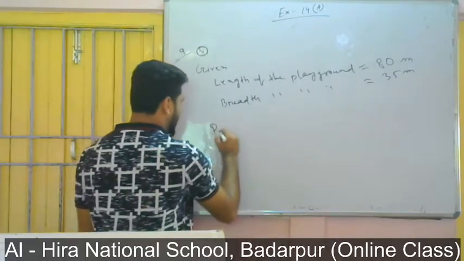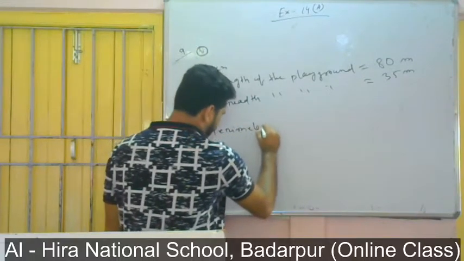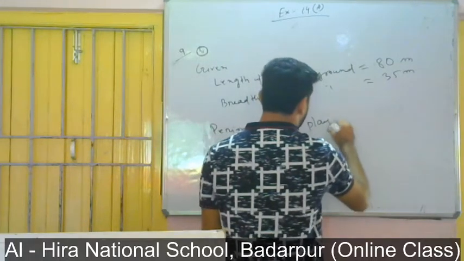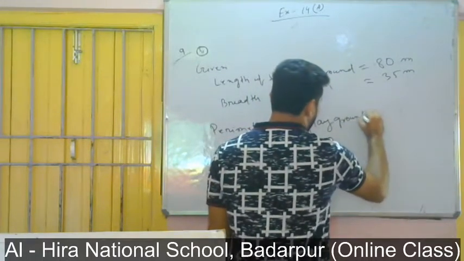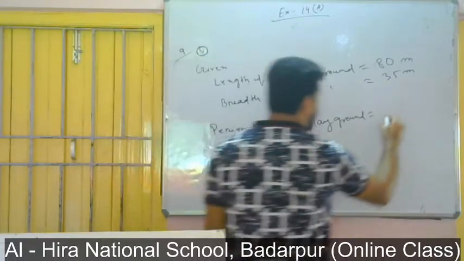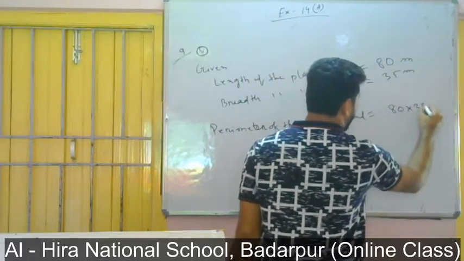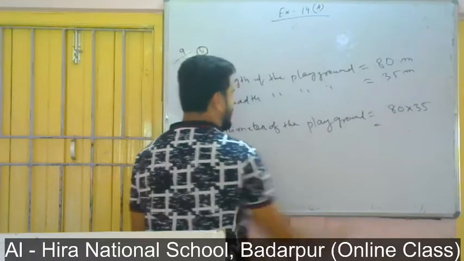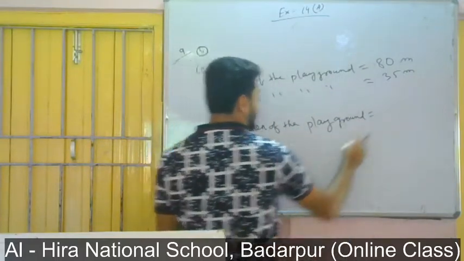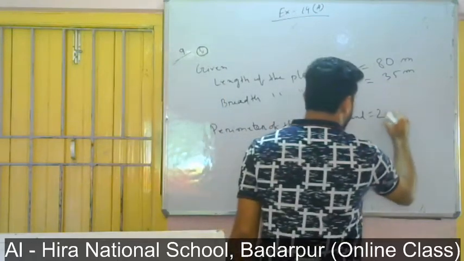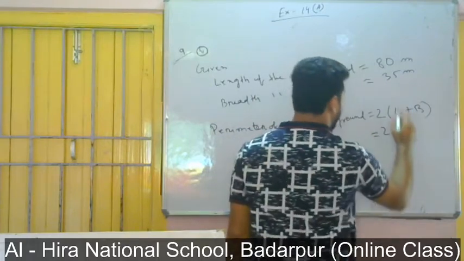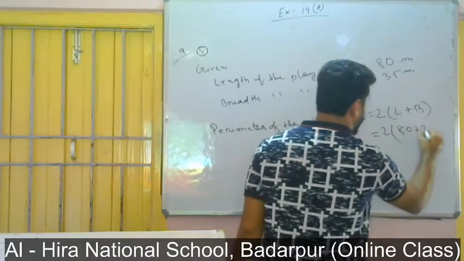Therefore perimeter of the playground will be, sorry, not 80 into 35. Perimeter of the playground will be 2 into L plus B, because it's a rectangular shape. So 2 into L, which is 80, plus B, which is 35.